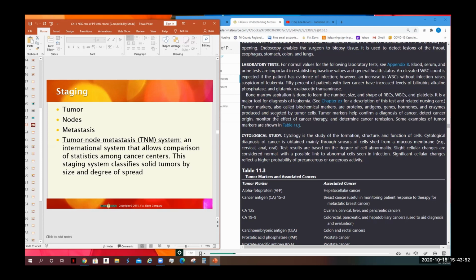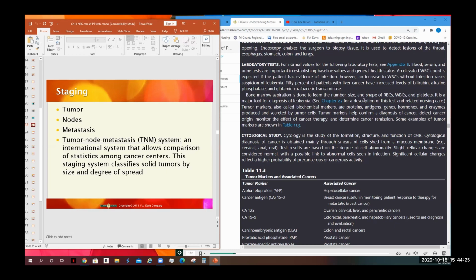and platelets. It is a major tool for diagnosis of leukemia. See Chapter 27 of this text for a description of this test and related nursing care. Tumor markers, also called biochemical markers, are proteins, antigens, genes, hormones, and enzymes produced and secreted by tumor cells.